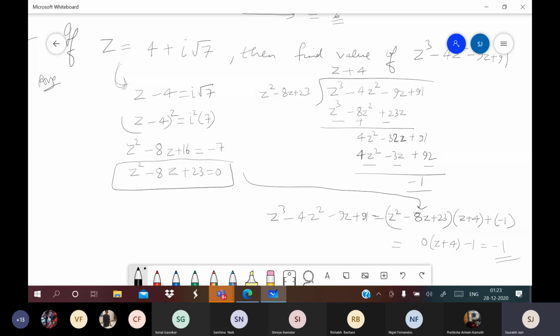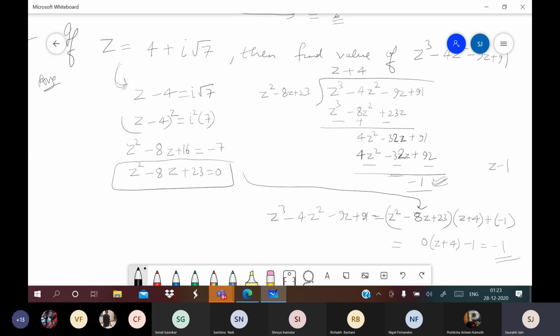And another thing, it is not necessary that every time you get -1 as the remainder. Listen carefully, it is not necessary that every time you get some number as a remainder. Like for example, here this was 32z. At that step you may get z minus 1 as the remainder.